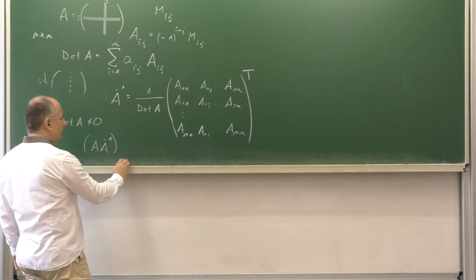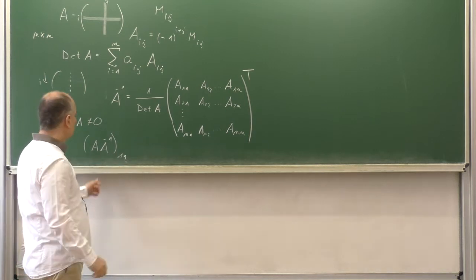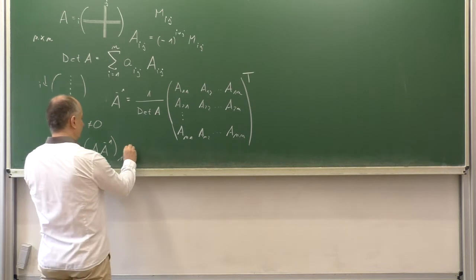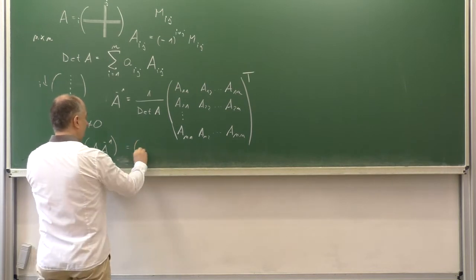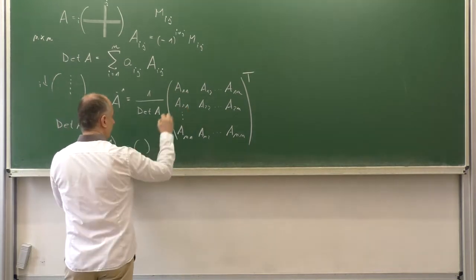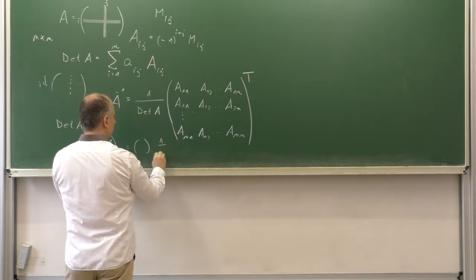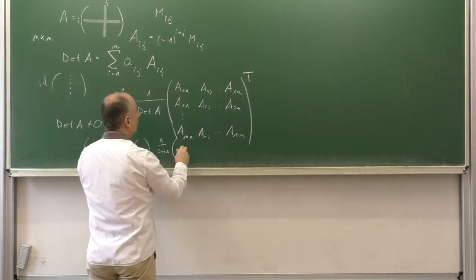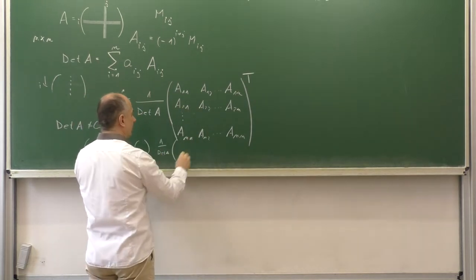Let's start with 1, 1. We take the matrix A, and then we take this object, which is 1 over the determinant of A times the matrix composed of the cofactors, and the transpose of that.